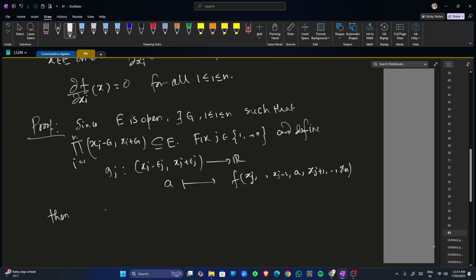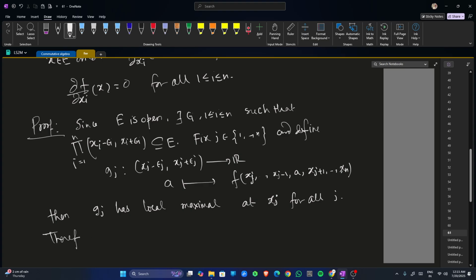Then gj also has a local maxima at xj, for all j.